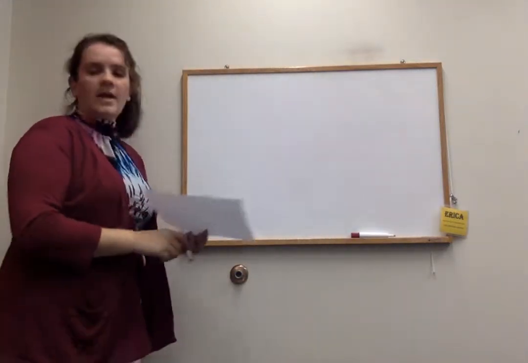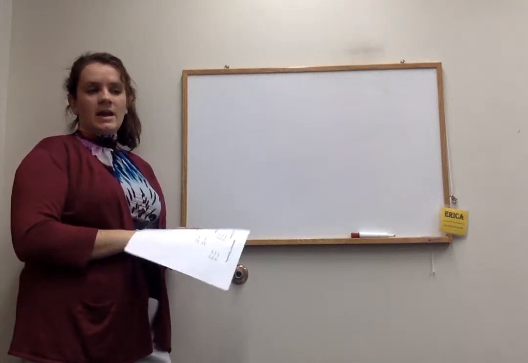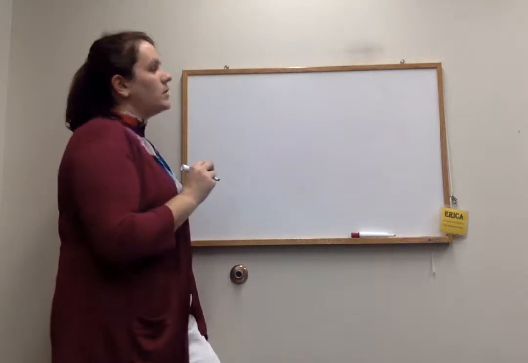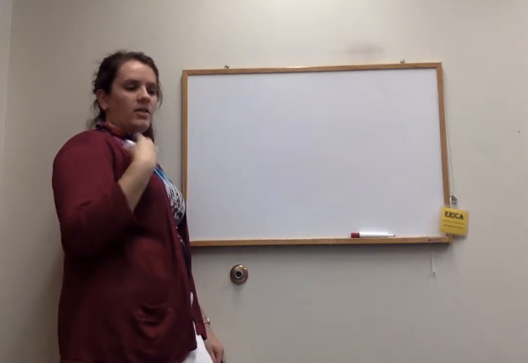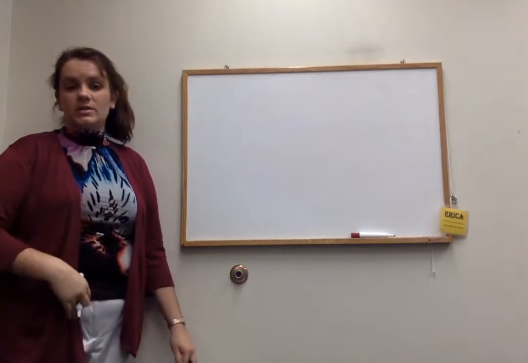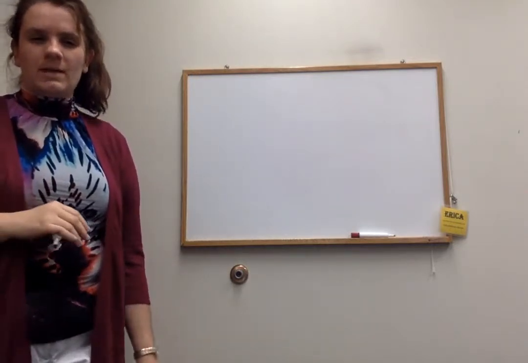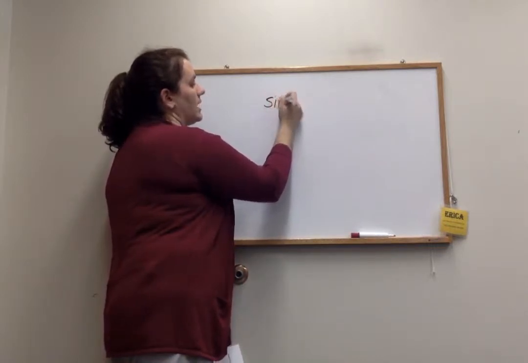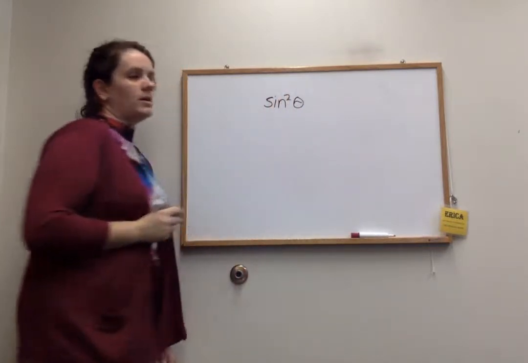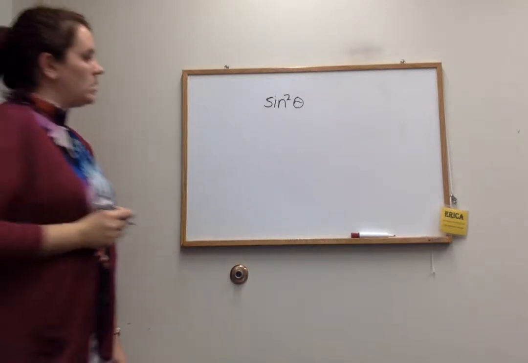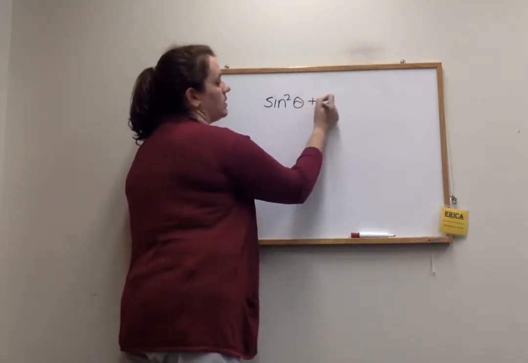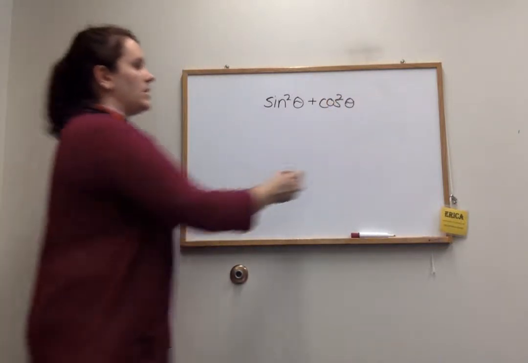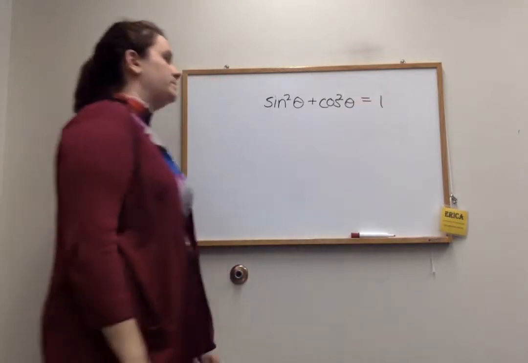Next on the list are Pythagorean identities. These actually are not written on your sheet, so you're going to need to add them yourself. The first Pythagorean identity, and actually all 3 of these really come from the unit circle, which we'll get into a little bit once we get back next week. But the first Pythagorean identity says that if you square the sine of an angle and you square the cosine of the angle and add them together, that is equal to 1.